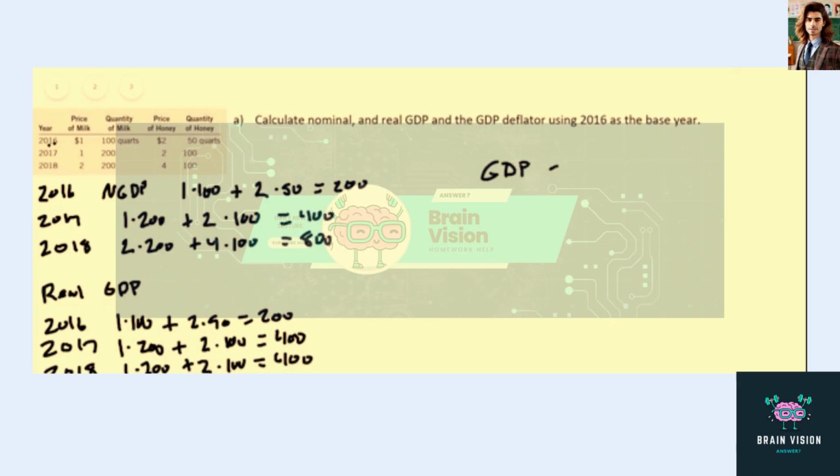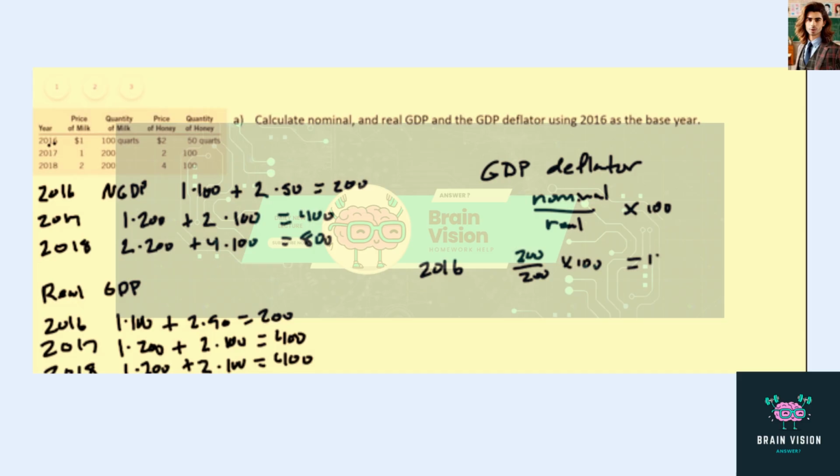For the GDP deflator, remember the GDP deflator is nominal GDP over real GDP times 100. And so for 2016, we have the GDP deflator is 200 over 200 times 100, which just equals 100. The GDP deflator for the base year is always going to equal 100.